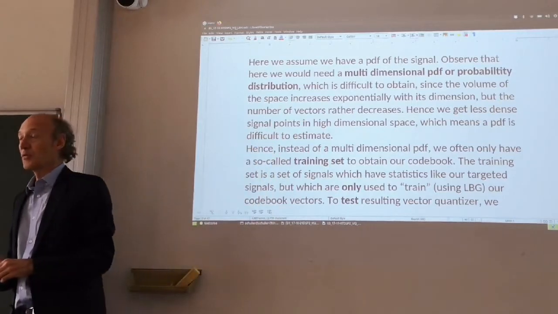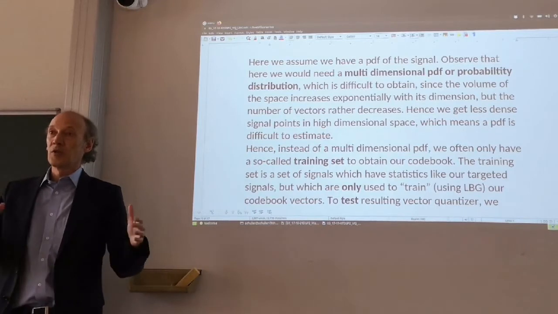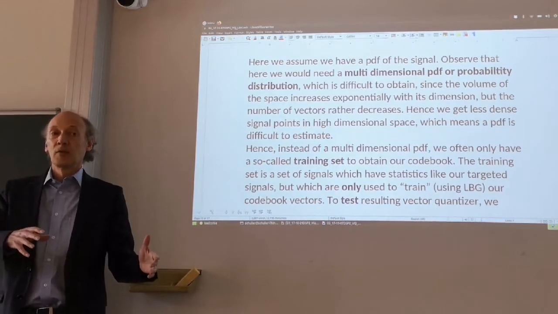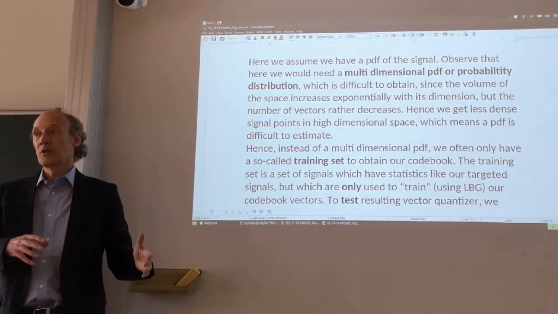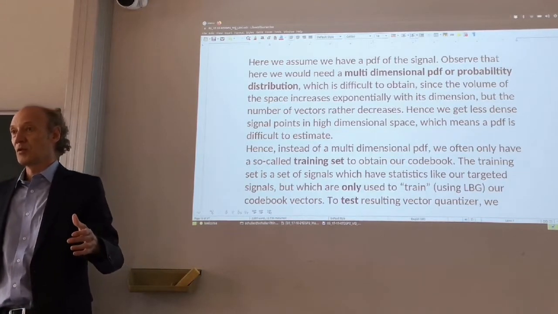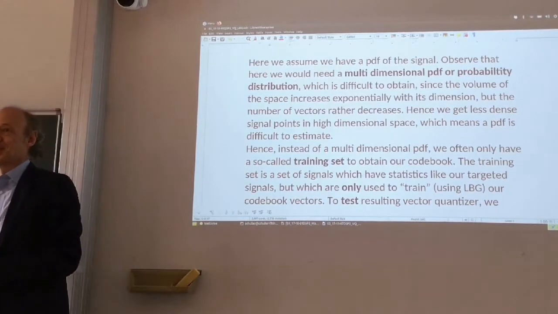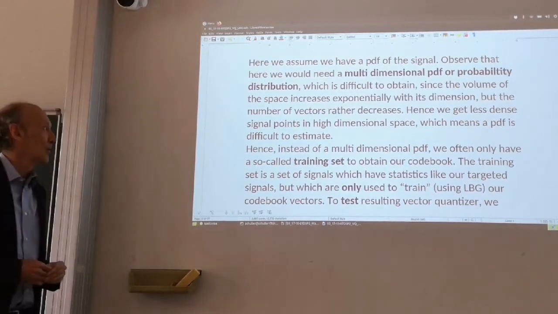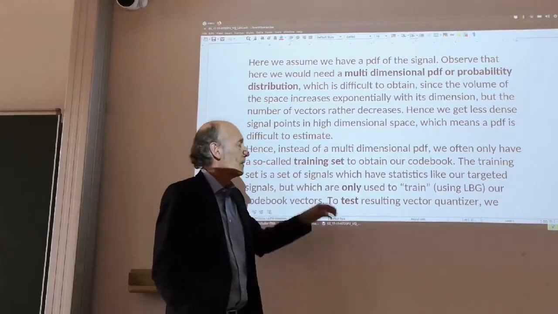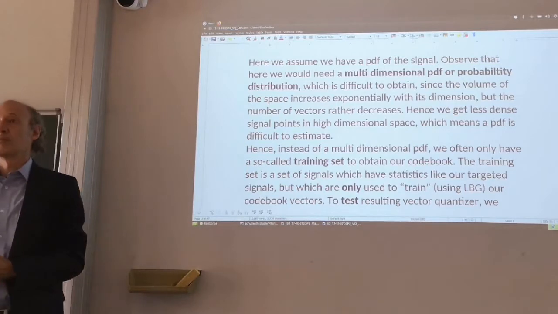In neural networks, you have the same approach. You have a training set where you have signals which you want to, for instance, recognize or classify somehow, and then you have a target set, which is the desired outcome. Here we don't have a target set. All we have is a training set, and the output here is our code book, the code vectors.